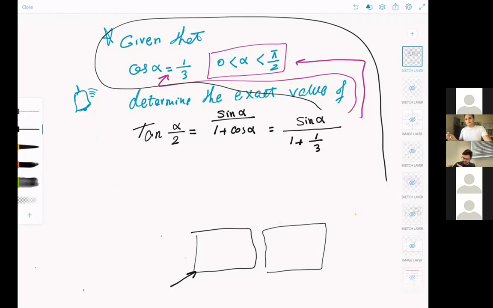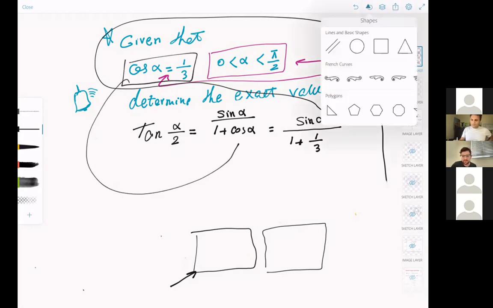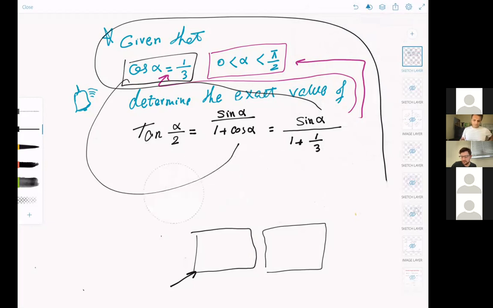I was just looking at the last one, trying to figure out how we did it. Yeah, we need to solve it algebraically. Cosine of alpha is right there, so I used it. Sine of alpha is not. We need to go through the Pythagorean theorem. I know you guys don't like this, but actually it's a great technique.